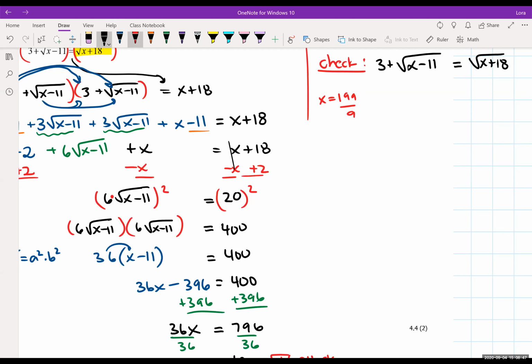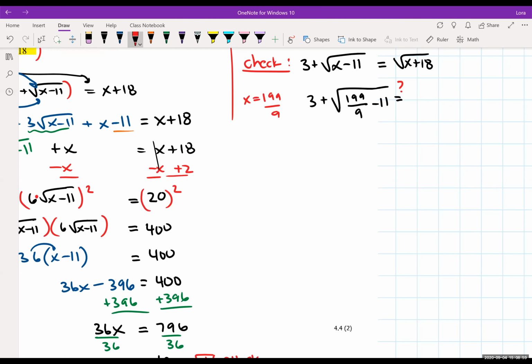Okay, so if we try to check it, we have 3 plus 199 over 9 minus 11 equals, question mark, because we're not sure about it equaling, square root of 199 over 9 plus 18. So as you can see, super not excited about having to do this by hand, but we can pull out our calculator and let's test it.